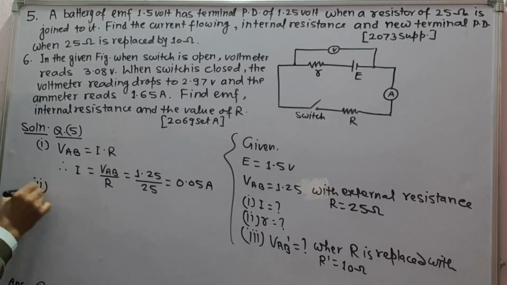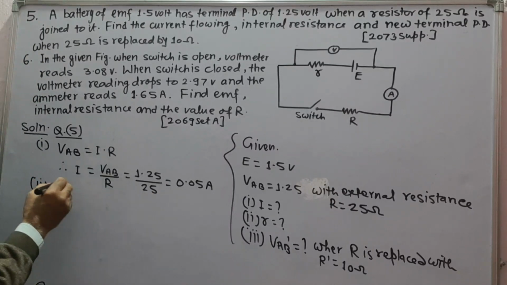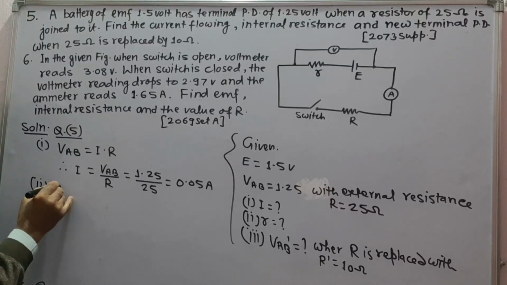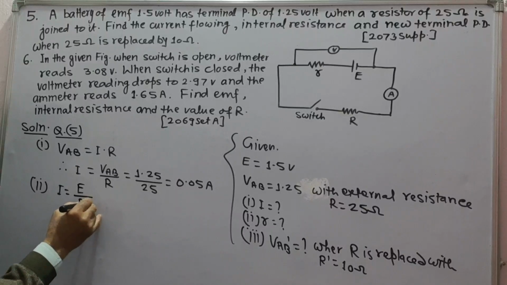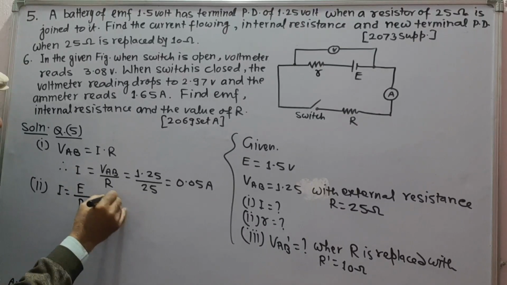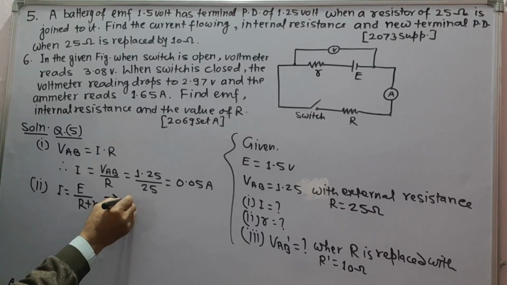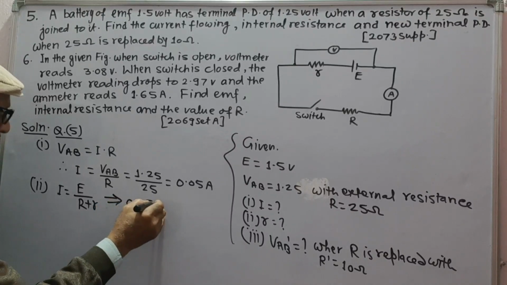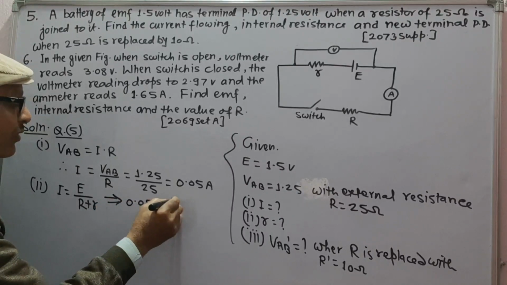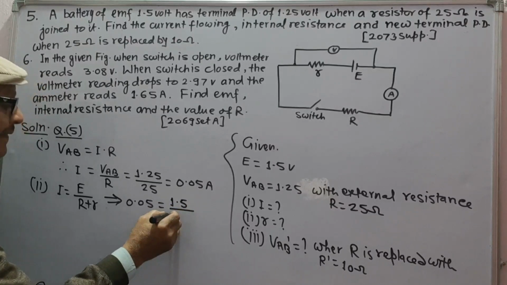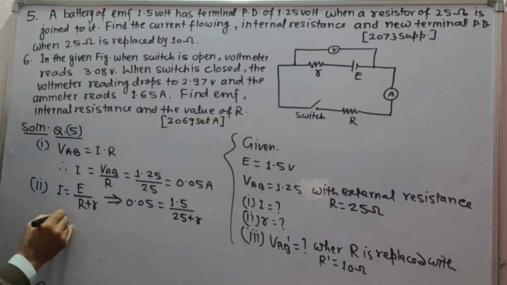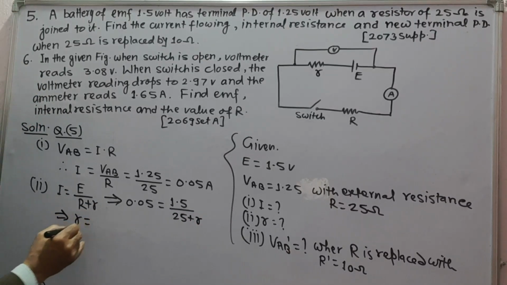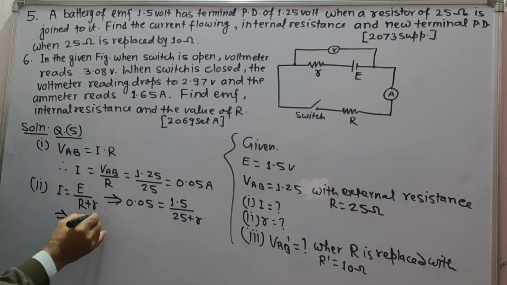Second part, also I is equal to E upon R plus r, that is 0.05 is equal to 1.5 upon 25 plus small r, which gives small r as 5 ohms.